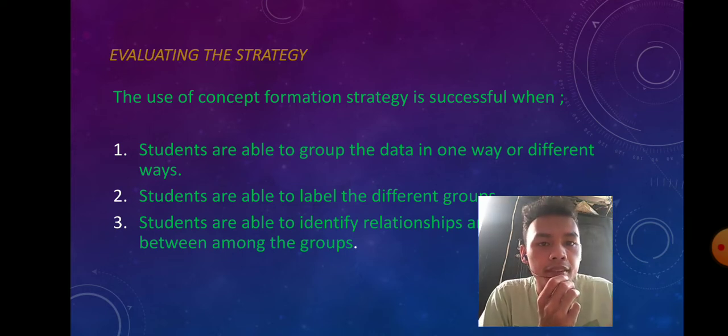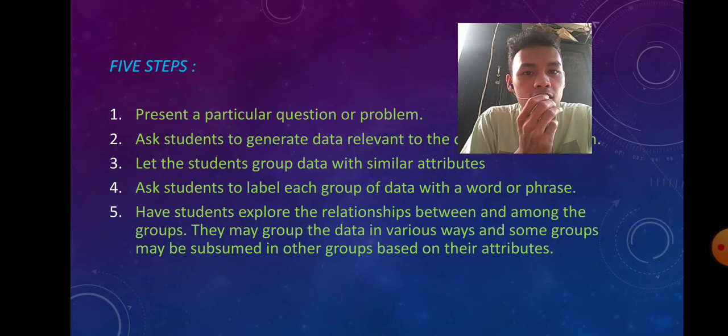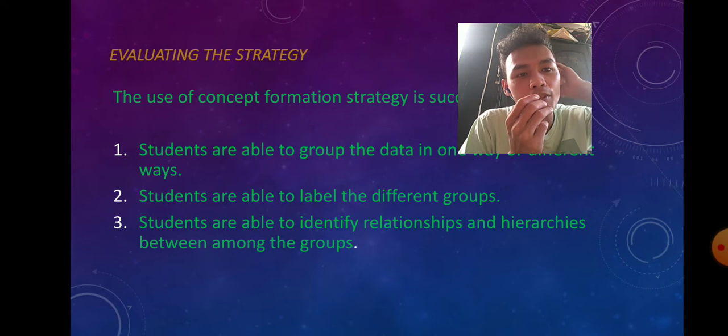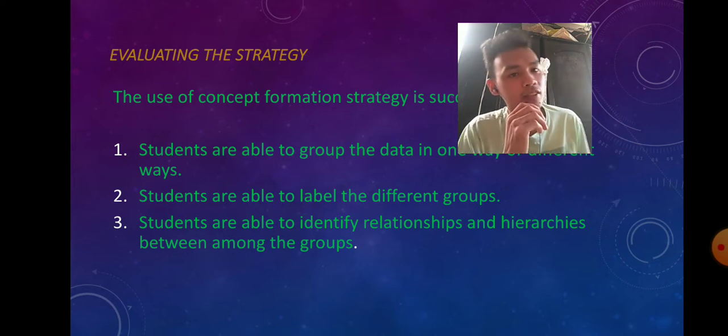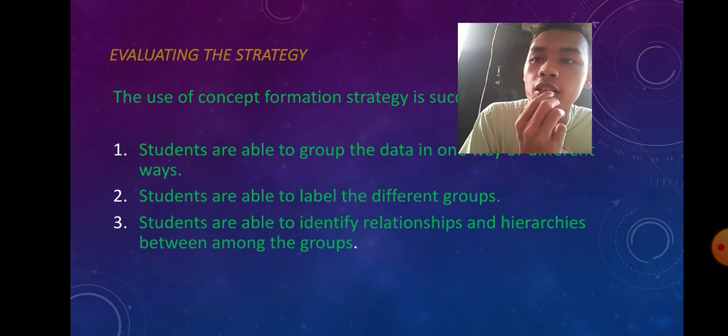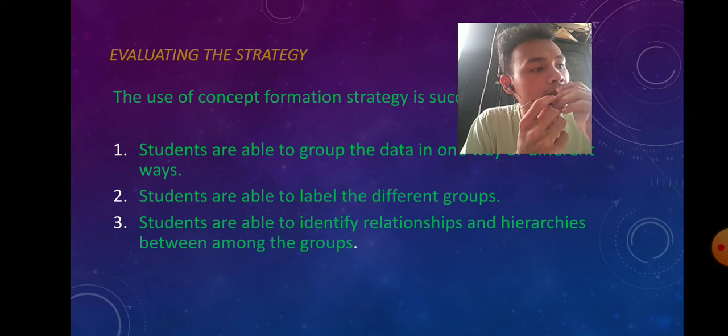Second, students are able to label the different groups, and it is similar to the 5 steps. Then the third one is, students are able to identify relationships and hierarchies between and among the groups. So compare and contrast again. After they know the relationship between two or more data, they may compare to the other.